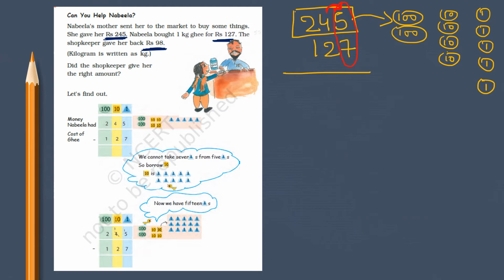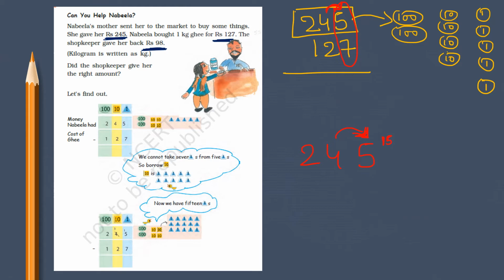Okay, now how many do we have? So whenever we carry over, let me write it for you again. So we had 5, right? We had to subtract 7 from that. We can't do that. We take 1 from the tens place. Now we have here 15 chocolates.